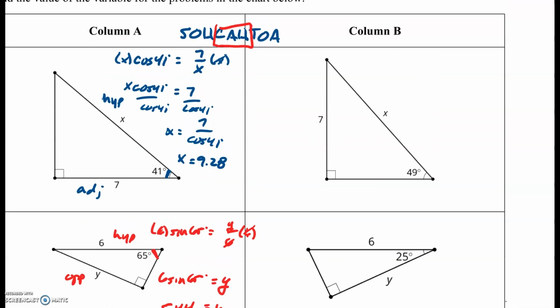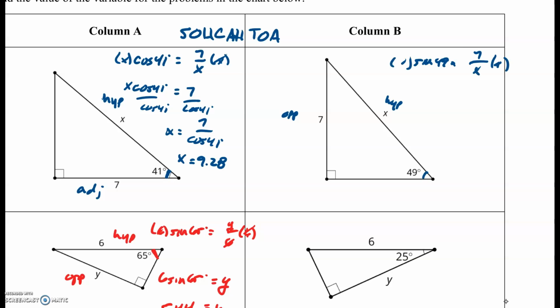Now to column B. Looking for this x value, there's a 49-degree angle. The x is the hypotenuse, and 7 is now the opposite. Opposite and hypotenuse is sine. So sine of 49 is equal to the side opposite divided by the hypotenuse.